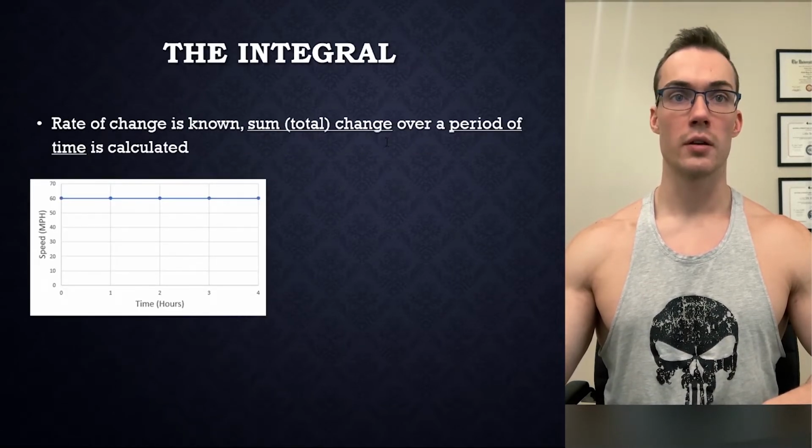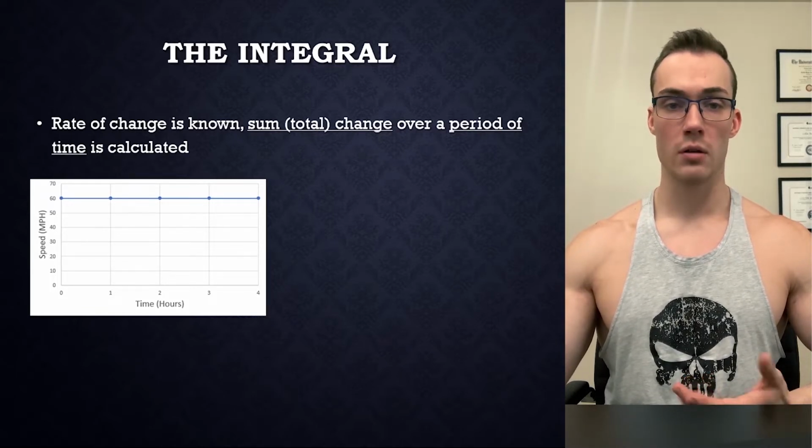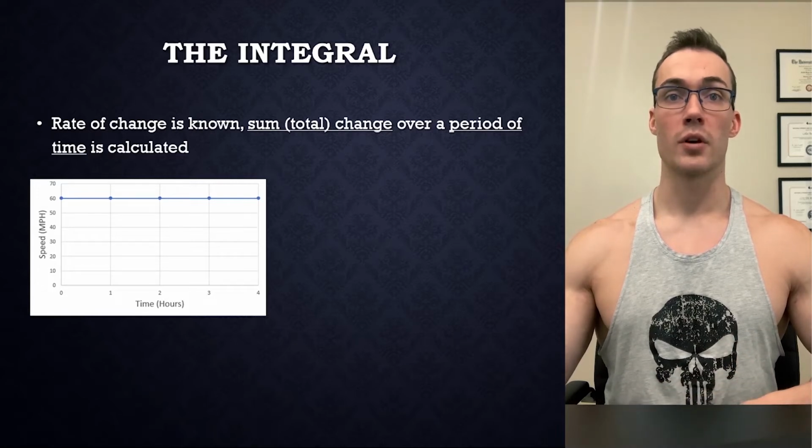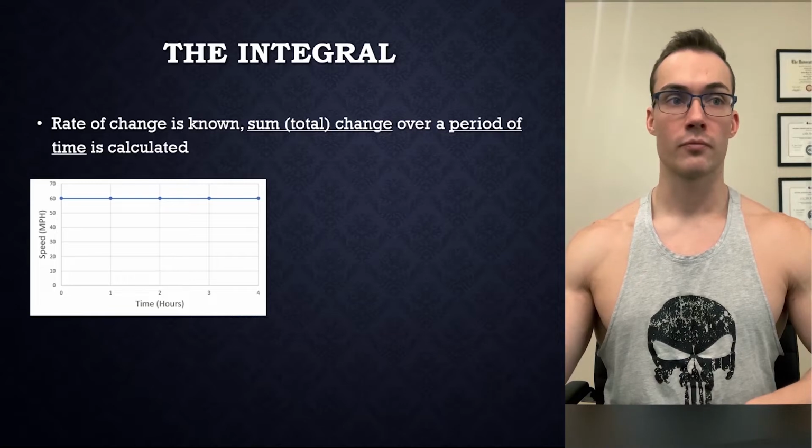So just to reiterate, when we solve an integral, the rate of change is known. In this case, that's our speed, 60 miles an hour. And we are going to calculate the sum total change over a period of time, or how far this man travels.